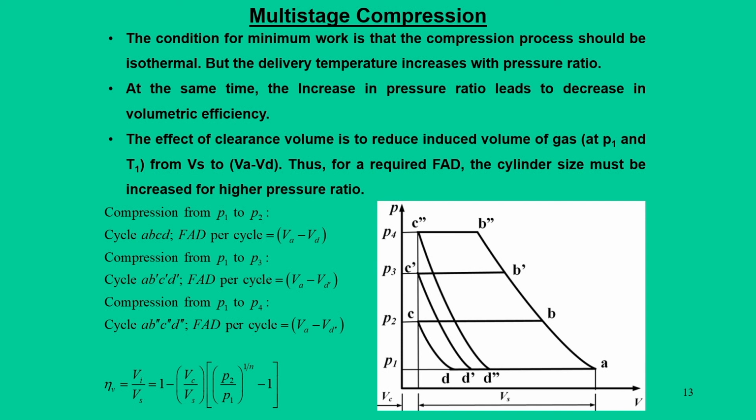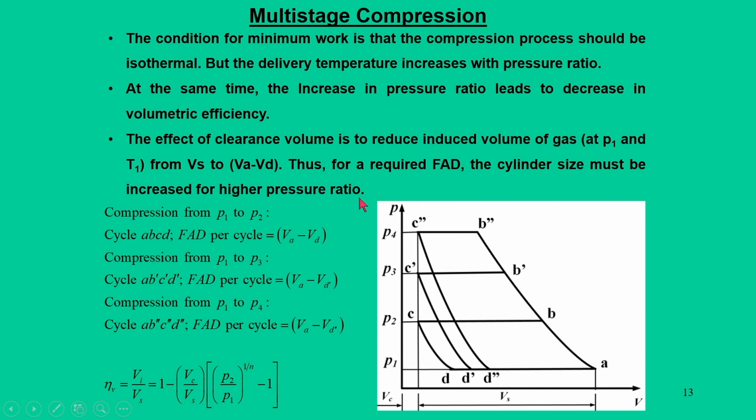At the same time, if we increase the pressure ratio, there is a decrease in the volumetric efficiency. So, these two things have to be compromised, and the effect of clearance volume is to reduce the induced volume of the gas. Therefore, for a required free air delivery, the cylinder size must be increased for a higher pressure ratio.